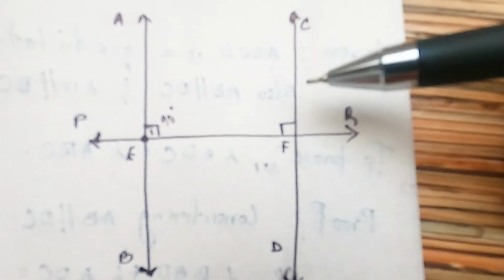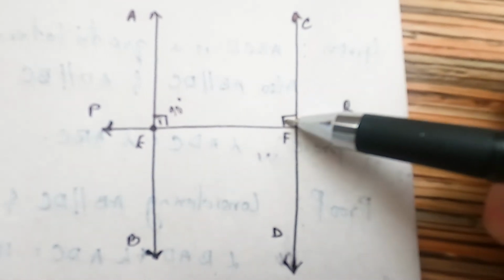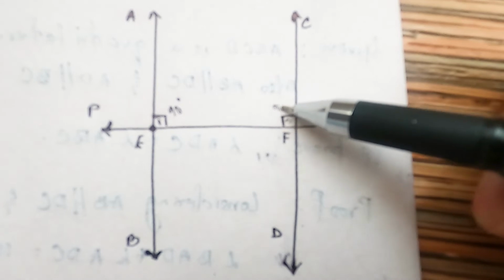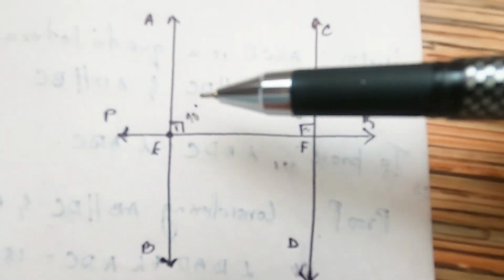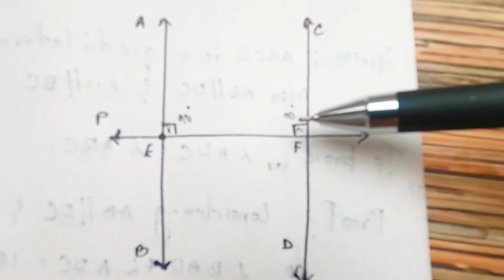Here also, CD is perpendicular to line segment PQ, so it will form a 90 degree angle. Is it clear how a 90 degree angle is formed?